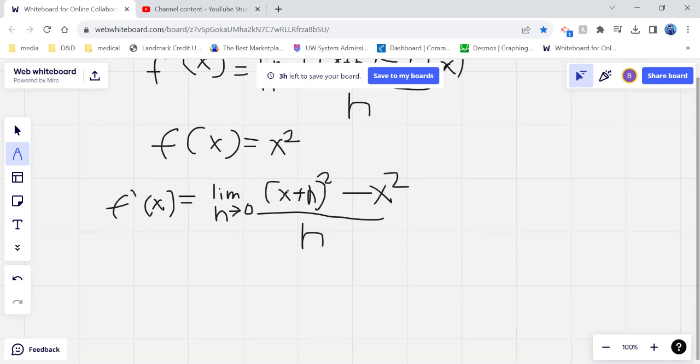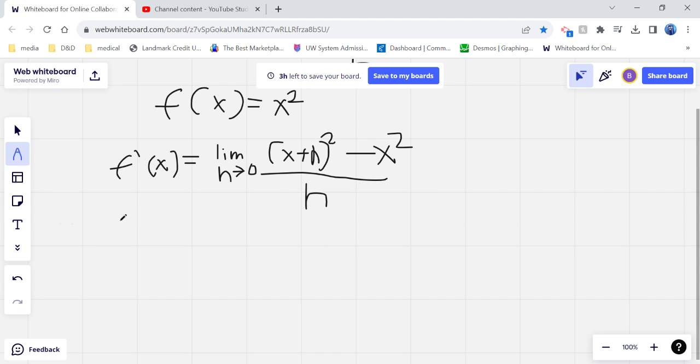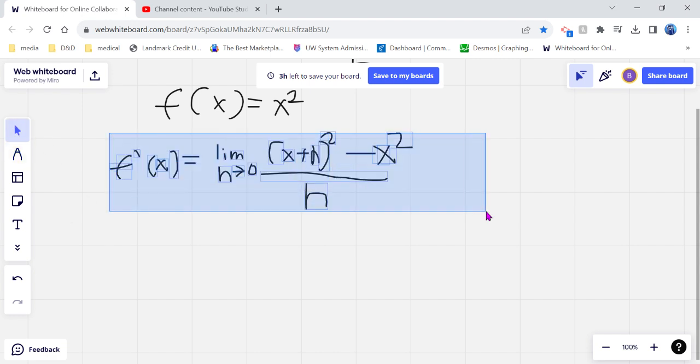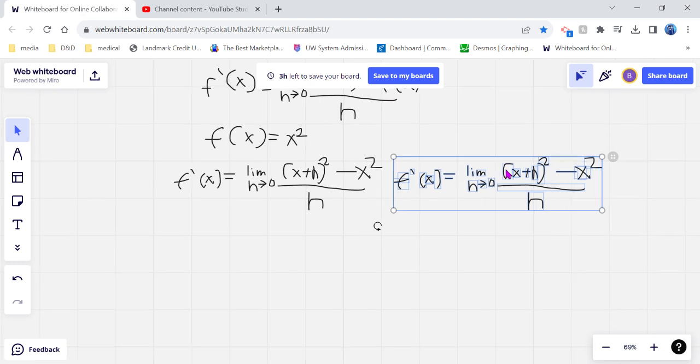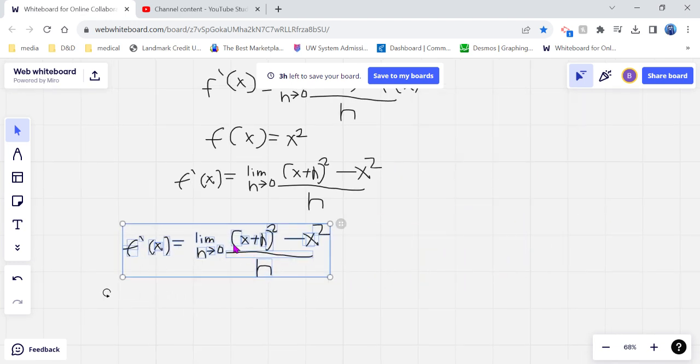So we know that x plus h squared is equal to, here, let me copy this down. So we have this down here.